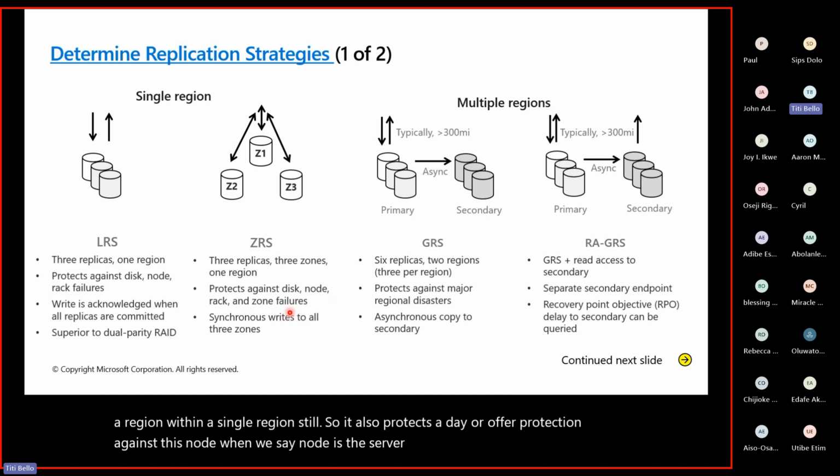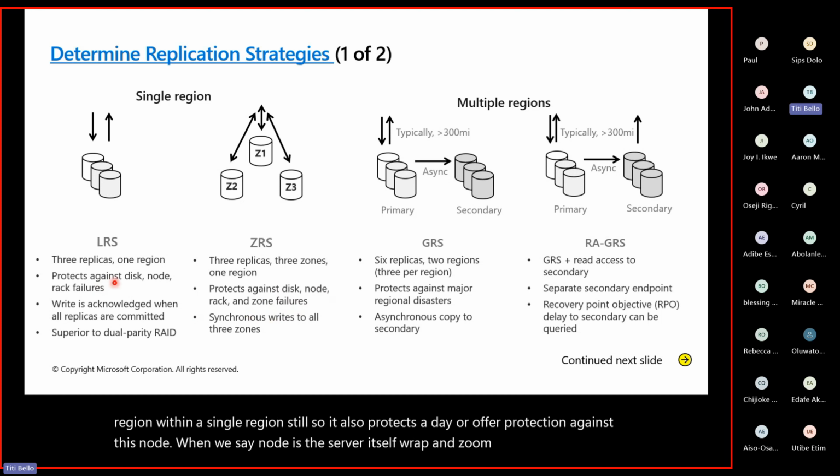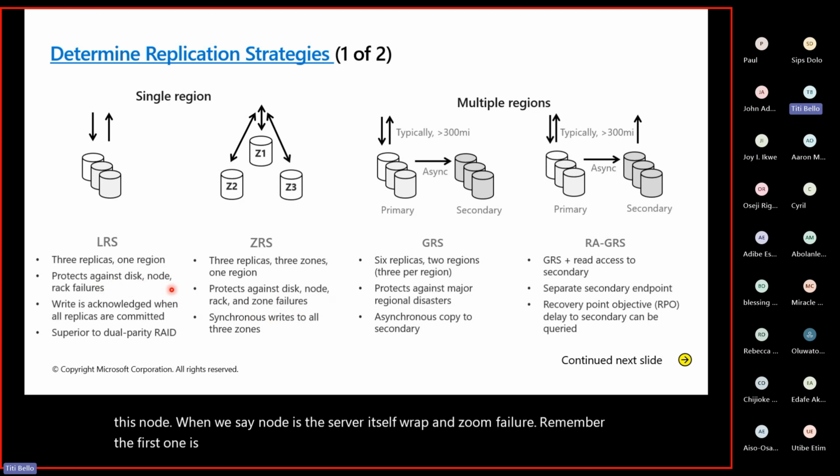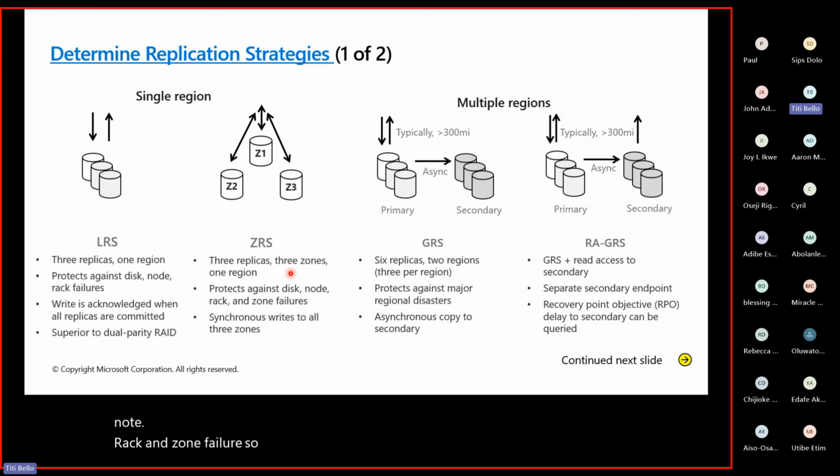Remember, the first one is just disk, node, and rack failure. This one is now disk, node, rack, and zone failure. So if one zone fails, you still have 2 copies in the other 2 zones within the same region.